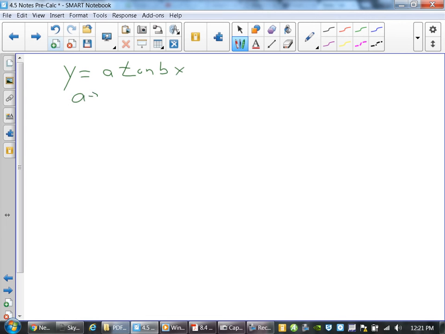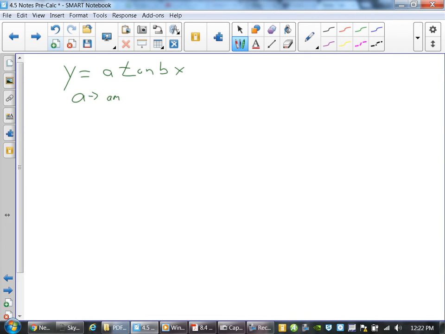This a value technically isn't called amplitude because tangent, if you remember, is swooping up. The amplitude is the highest peak, whereas tangent isn't that. Tangent does this. This a value is going to be these point change direction style things. So I still kind of call it like an amplitude-ish, but once you plot it a couple times, you'll realize where they're going.